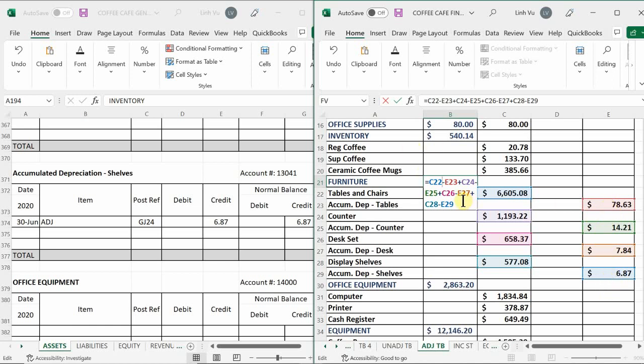Okay, so let me do that formula one more time. So you're going to start off with your tables, okay? And you're going to add this, but subtract this. You're going to add your desk, subtract the accumulated, add your display shelves, and then subtract your display shelf there.